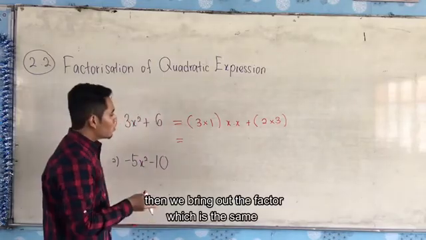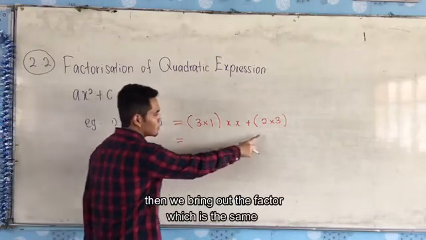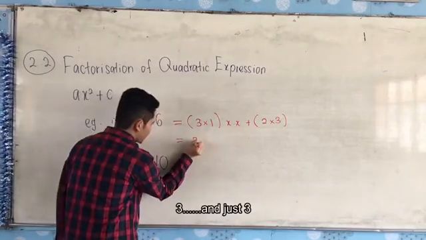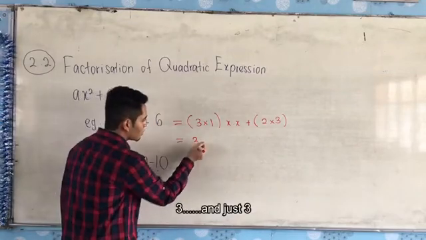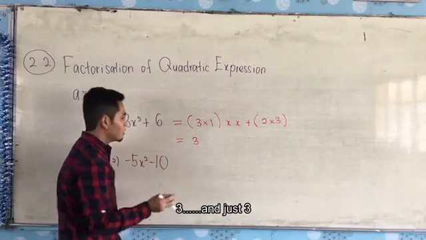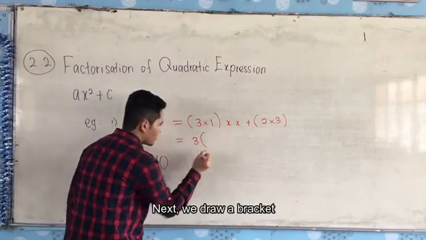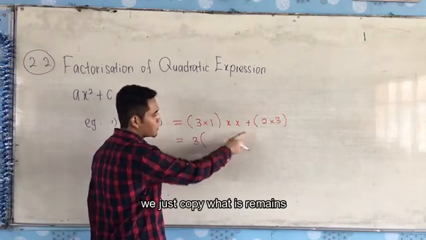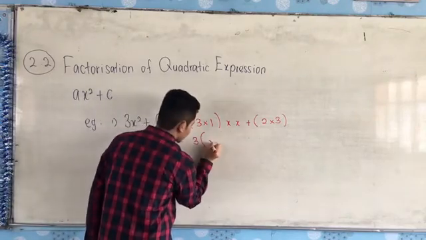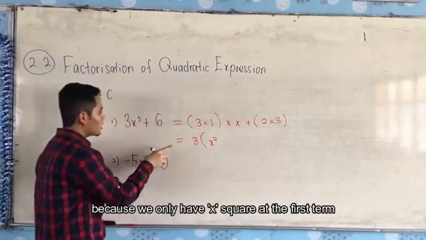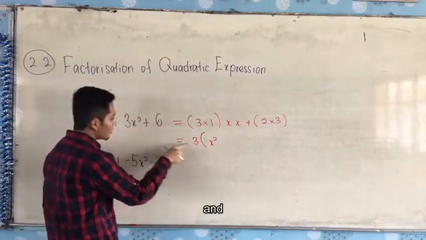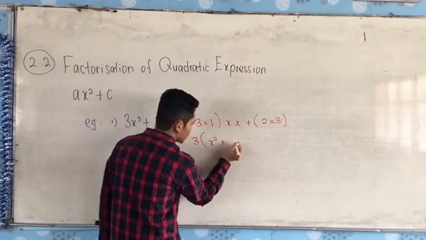Then we bring out the factor which we see is the same, so 3. Next, we draw a bracket. We just copy what remains. So x squared, because we only have x squared at the first term, which is 3, and plus what is remaining.